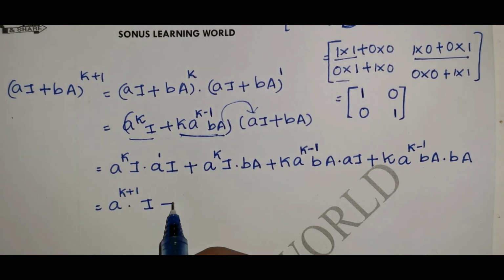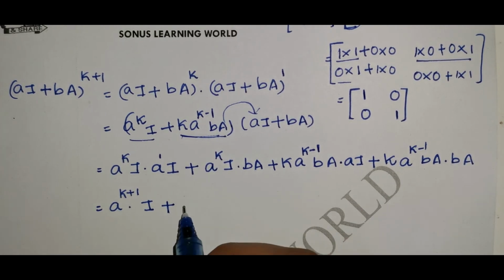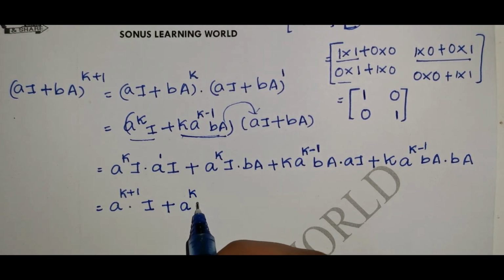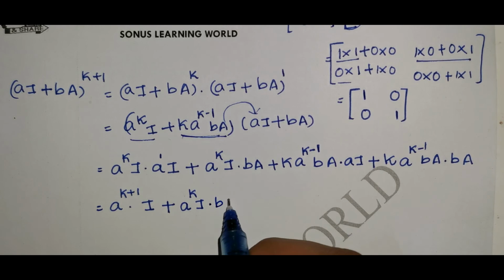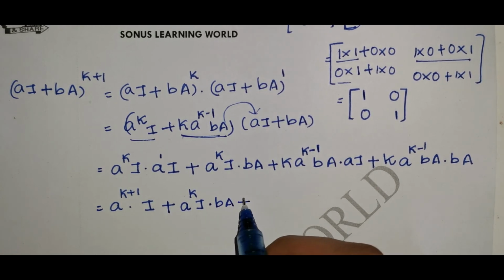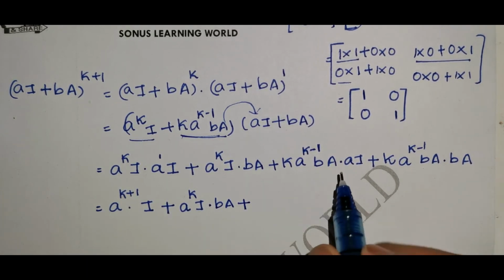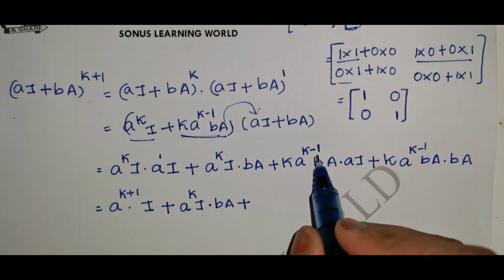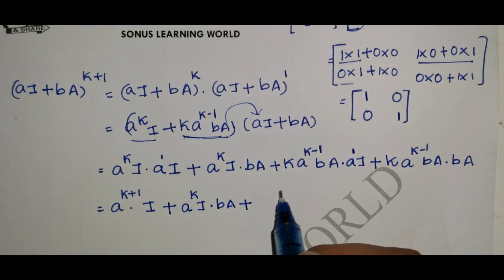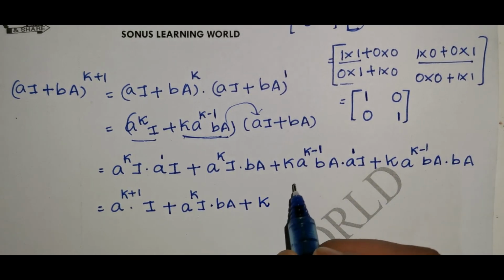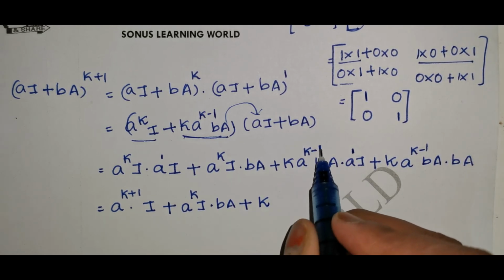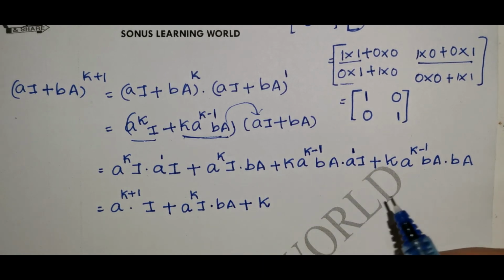Okay, so next plus this term, A raised to K I into BA, plus here A raised to K minus 1 and A raised to 1 is there. I am writing this first term is K. So next is A raised to K minus 1 plus 1. That is K minus 1 plus 1, minus 1 and plus 1 get cancelled.